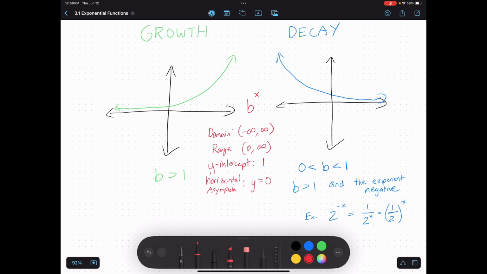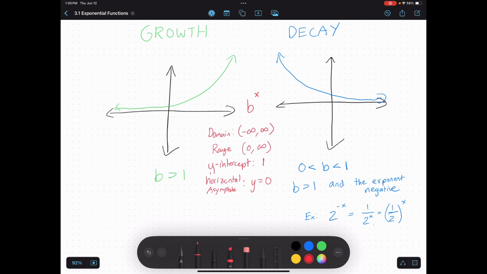And that makes sense because take a decay function. If I'm always multiplying by a fraction, if I'm always multiplying by 1/2, you're always getting halfway closer to that 0, but you'll never actually make it all the way to it. And so both of these functions will never actually reach 0.